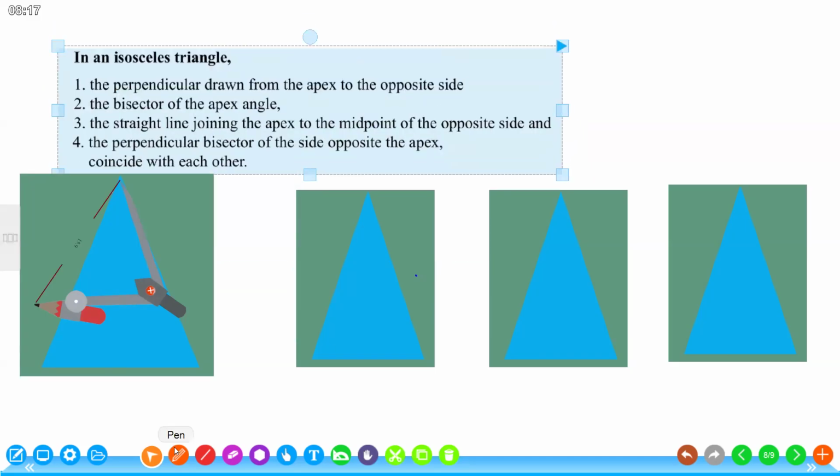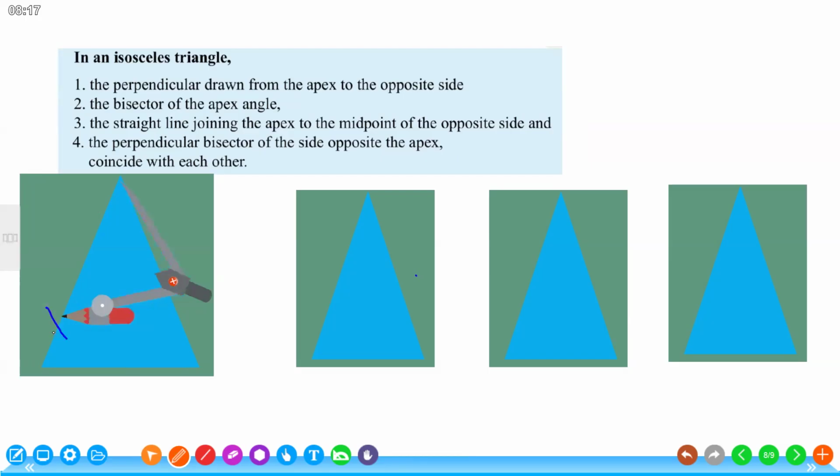Now, students, how to draw a perpendicular from the apex? How to draw a perpendicular from the apex?